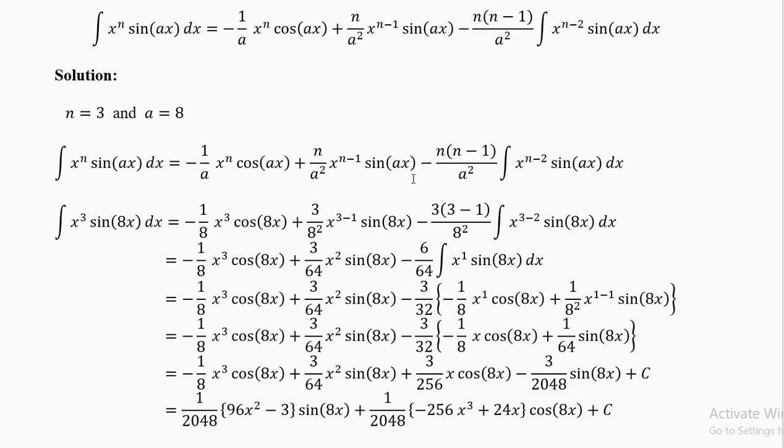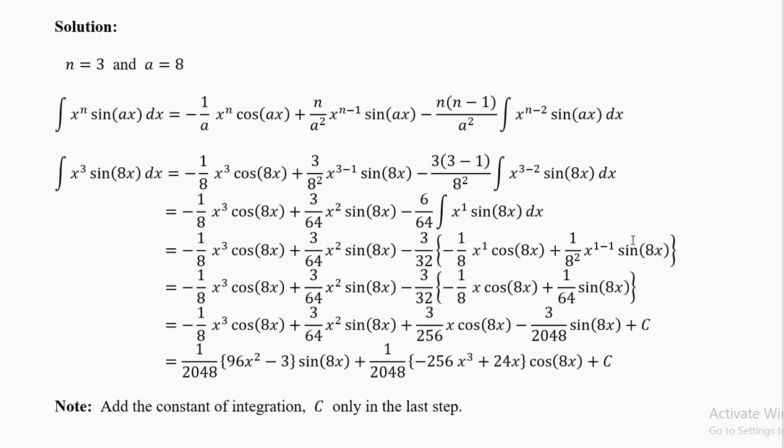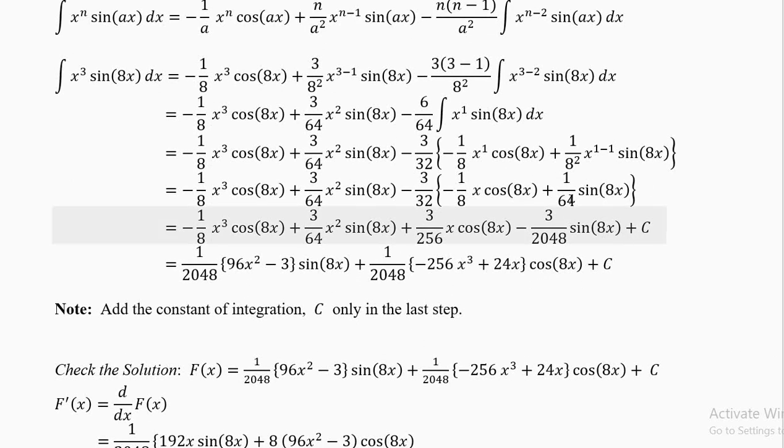The third term will become 0 in the bracket. Why? Because n equal to 1, and 1 minus 1 is 0. So this integration term will not come in the bracket here. When you integrate x sine 8x using this integration formula, you'll have only these two terms without the integral. So you have to be a little bit careful while doing it.